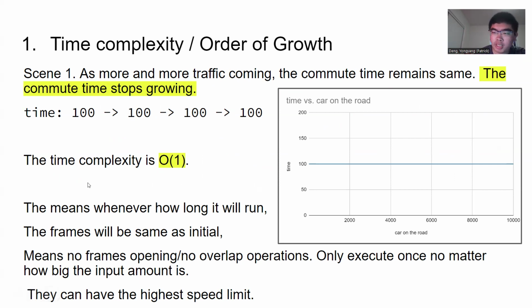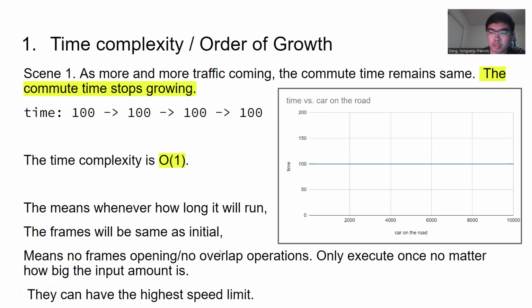This time complexity we call big O of 1, because no matter how you change the amount of your input, they will do a fixed amount of operations on your input. That means however long it runs, the frame will still be the initial one.